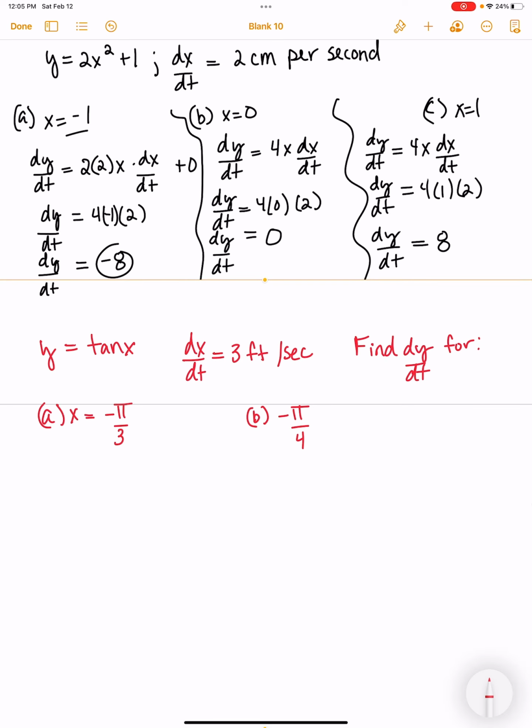We need to differentiate it. So the derivative of y with respect to time is dy/dt. Now, the derivative of tangent is secant squared x, but we also have to take the derivative of this x with respect to time, so it would normally just be 1, but now we have the derivative of x with respect to time.